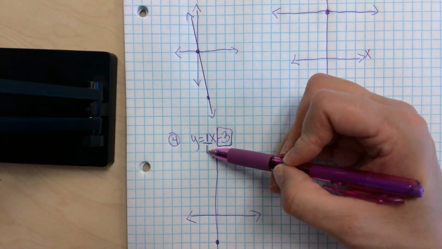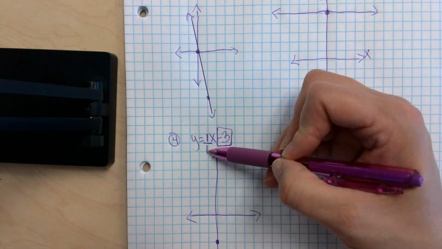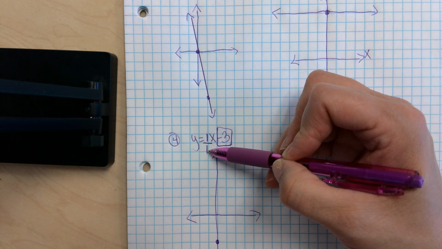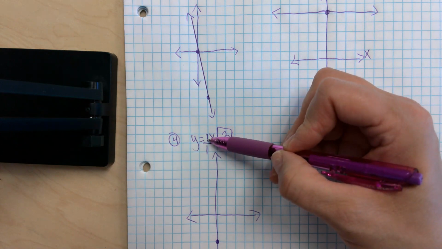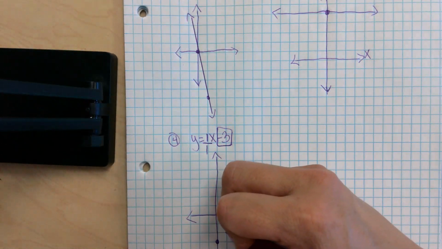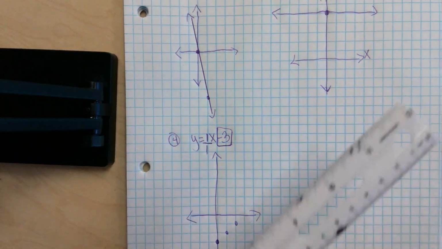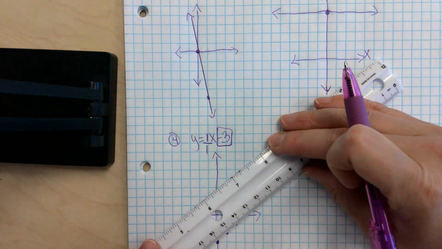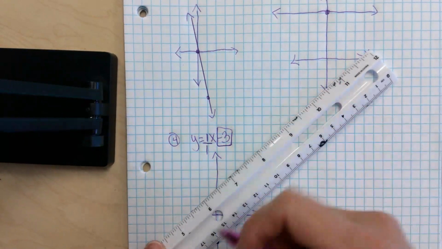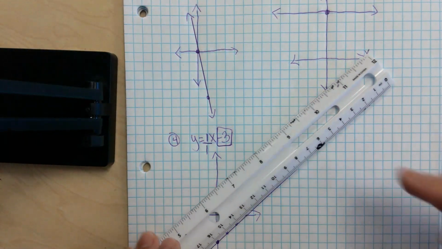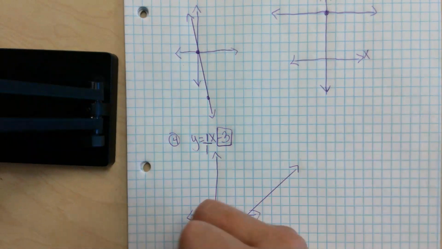Why is it up 1? Because it's rise over run, and this is a positive. Up 1 over 1, up 1 over 1. We have my beautiful line, nice and big.